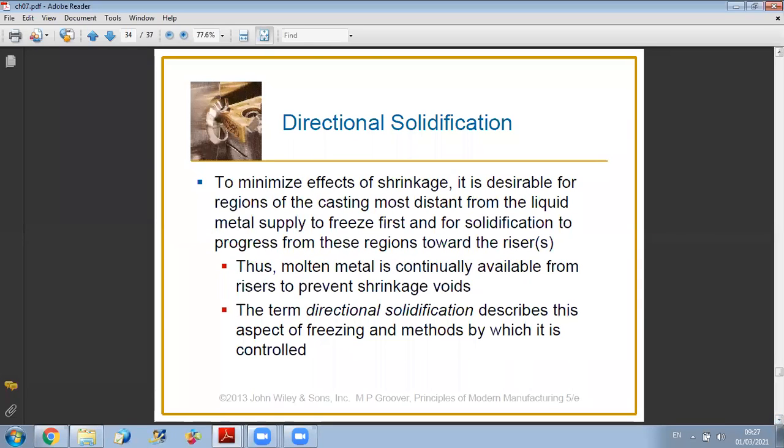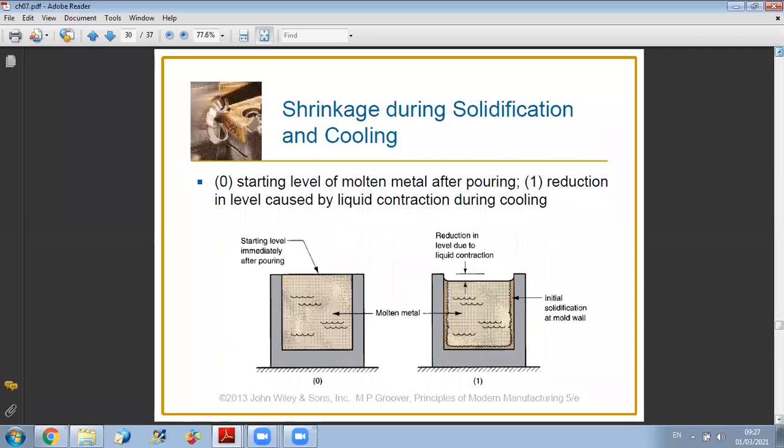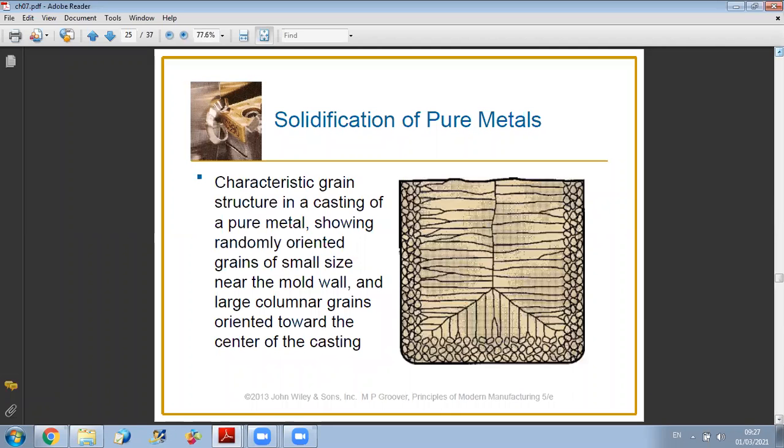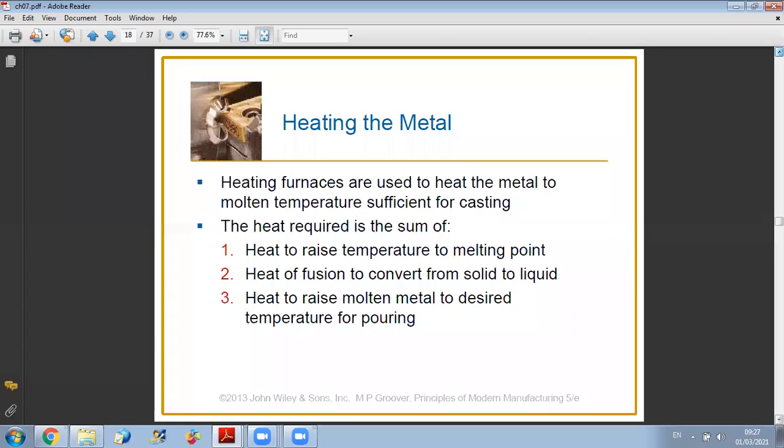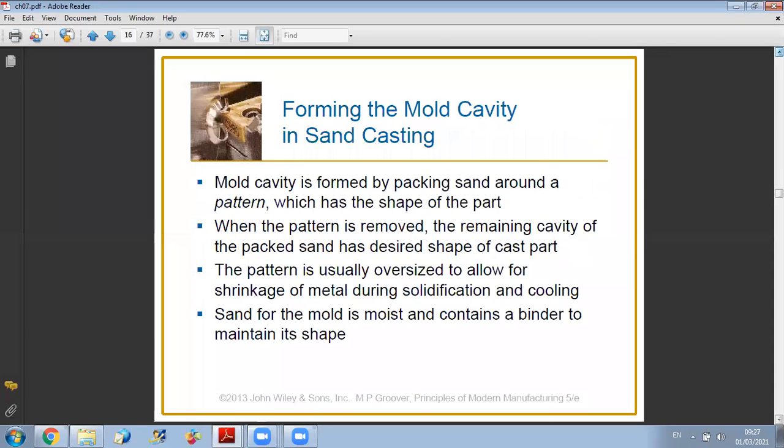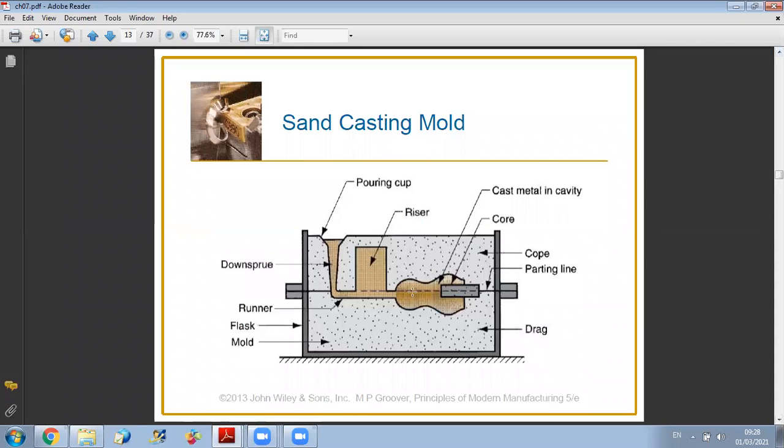If we go back to our figure, you can see that the riser is close to some parts and far from other parts of the main cavity. This is why we try to place the riser close to the region that will have a higher solidification time.